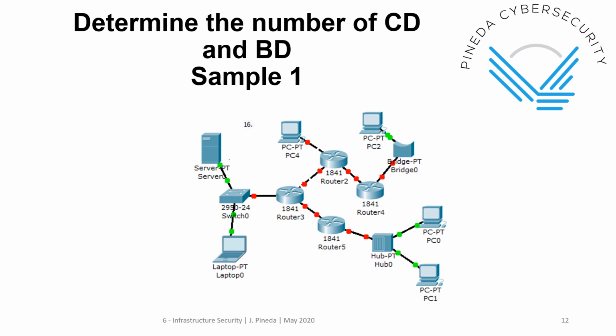So we have 1, 2, 3, 4, 5, 6, 7. Bridge is a switch, 8, 9, and 10. So that means I have 10 collision domains. Right.